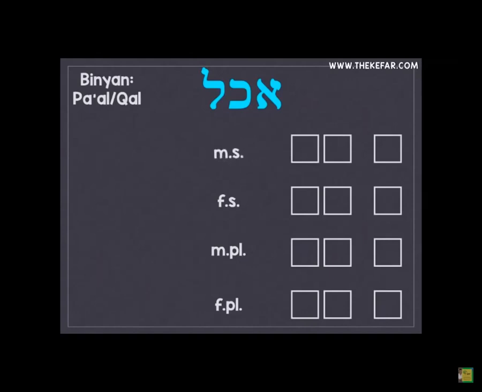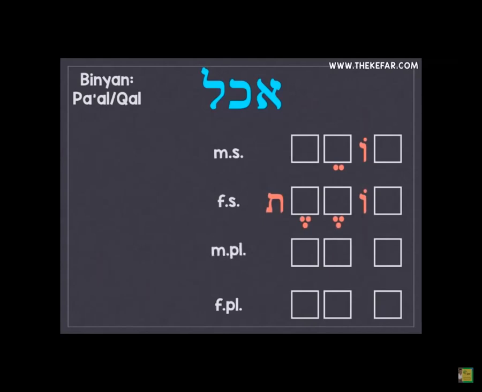So for masculine singular, the vowel pattern is O-E. We're going to put the letters of our shoresh in these boxes, and it's going to have an O-E vowel pattern. For feminine singular, it's O-E-et. Okay, that's our vowel, our sound pattern. So masculine singular, O-E. Feminine singular, O-E-et.